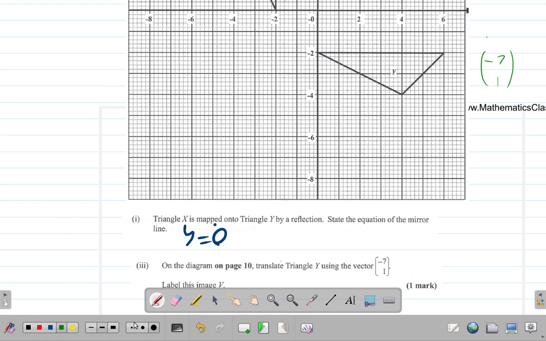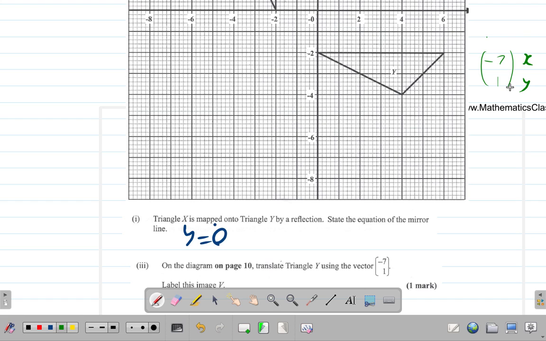Now remember, in the translation vector, X is at the top and Y is at the bottom. X means you move left and right, horizontally. If you move right, it's positive. If you move left, it's negative. And Y means you move up and down. If you move up, it's positive. If you move down, it's negative.